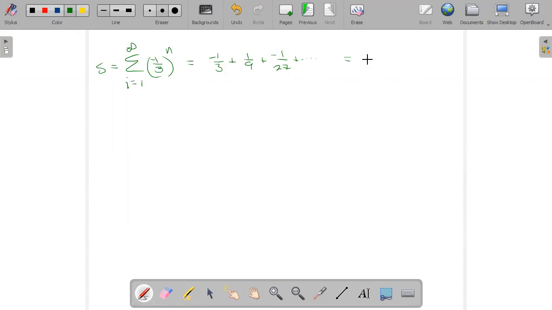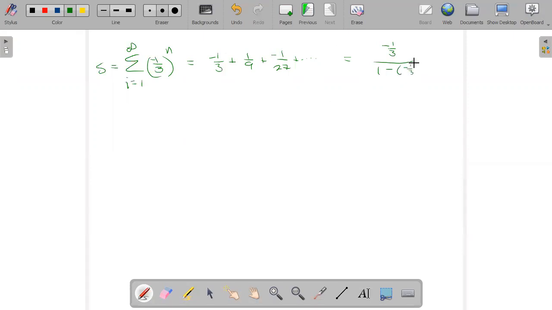So I want to figure out what this goes to. Theoretically, we just calculated that it should go to the first term, which is -1/3, over 1 minus the common ratio.